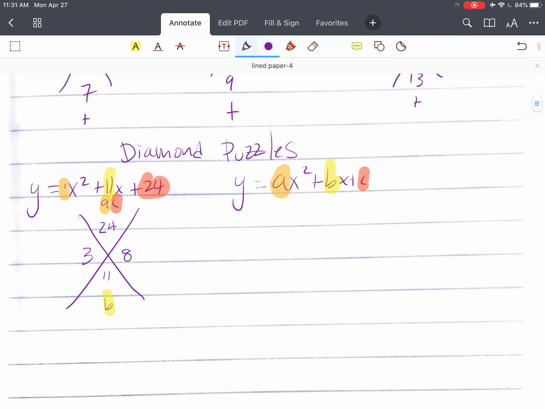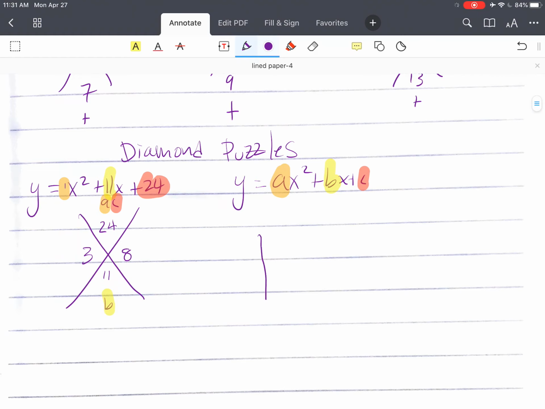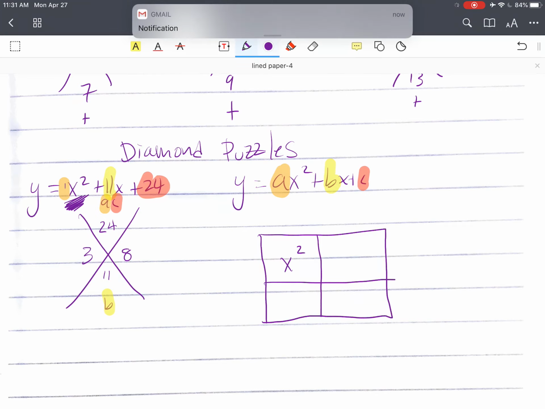So once you figure out what those two numbers are, I know this is very abstract, it's very weird, but hear me out. You're going to create a 2x2 box. In one corner, you're going to put this term here, x squared.